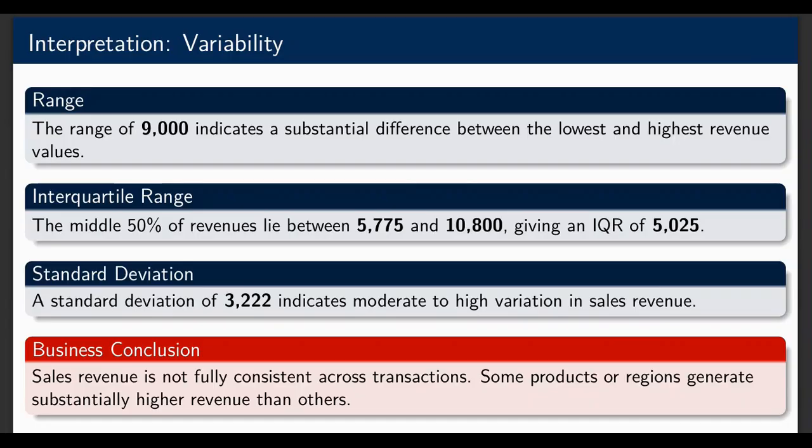In variability, we have the range: the substantial difference between the lowest and highest revenue value is 9,000.